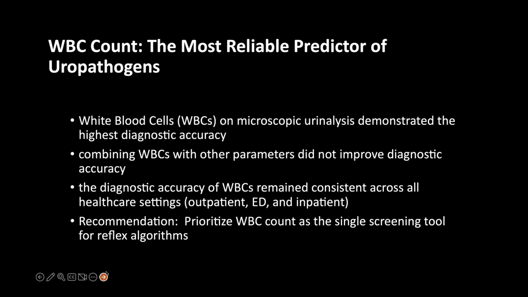We know that there's significant variability in the urinalysis parameters and the thresholds used across different reflex algorithms. But in the end, the study noted that using white blood cells on microscopic urinalysis demonstrates the highest diagnostic accuracy, and combining white blood cells with other parameters, for example, a urine dipstick, doesn't necessarily improve diagnostic accuracy.